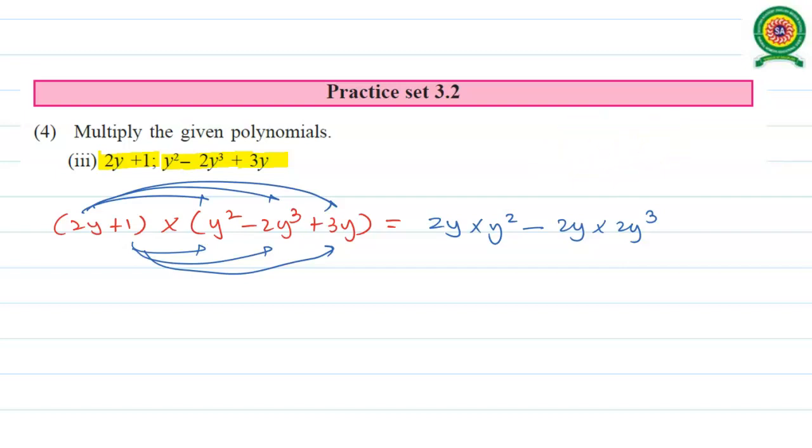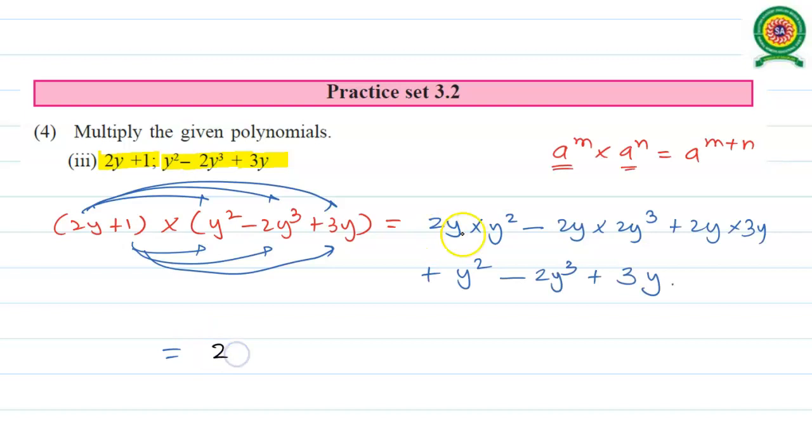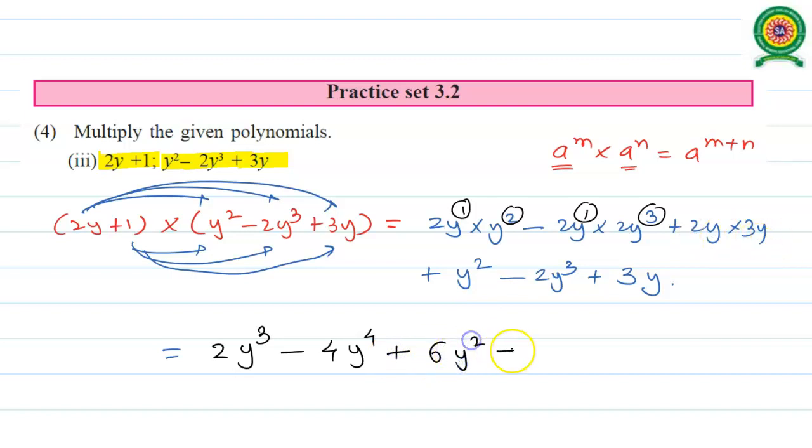So 2 times y raised to 1 plus 2 becomes 3, so we get 2y cube, minus 2 times 2 is 4, y to the power 1 plus 3 is 4, so 4 times y raised to 4, plus 3 times 2 is 6. Then y into y becomes y square, plus y square as it is, minus 2y cube and 3y as it is.